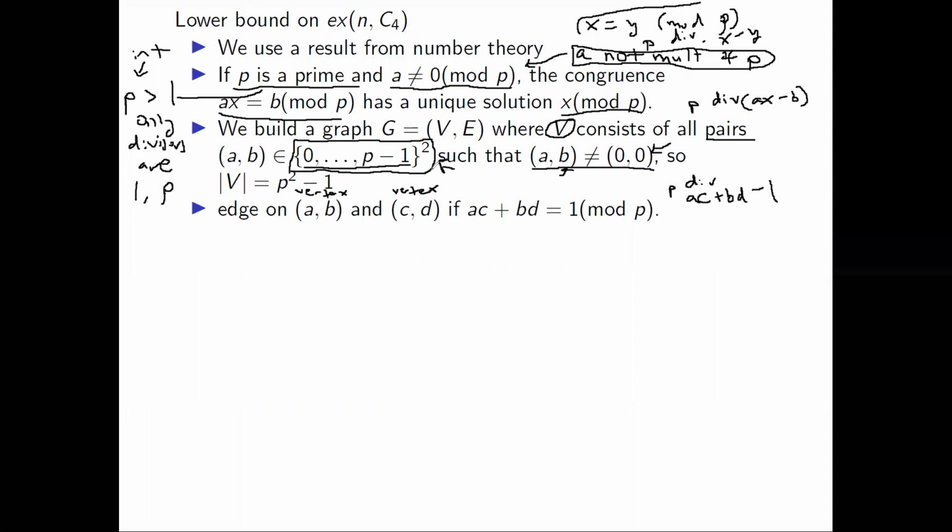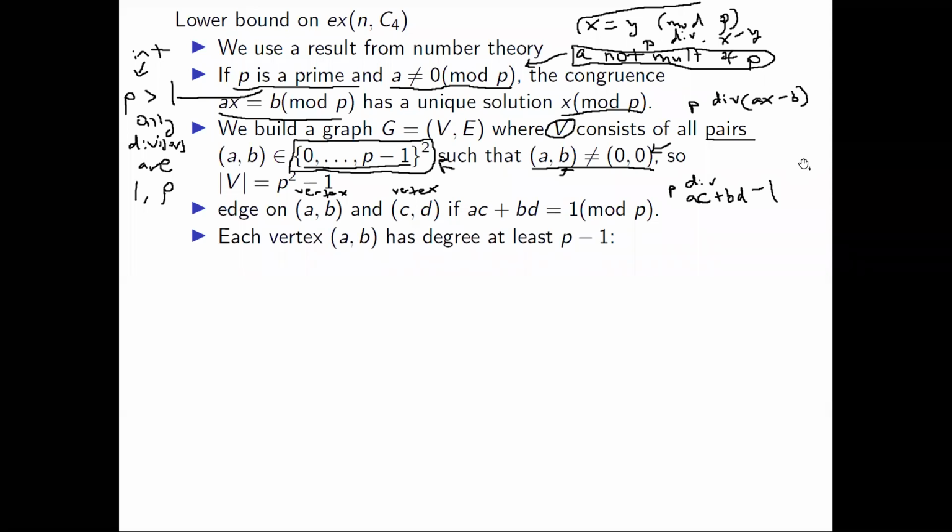So we'll only put an edge between AB and CD if that equation is true, that modular equation. And I claim that each vertex AB has degree at least p minus 1.